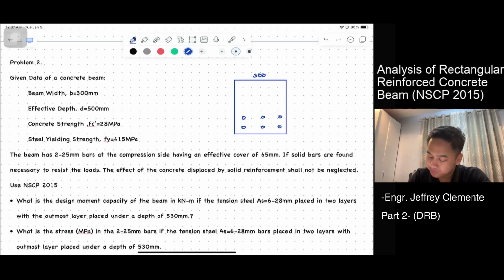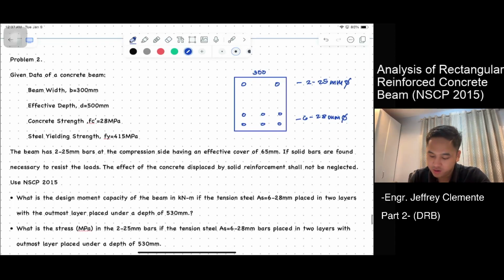So that is 6 28 mm bars. Tapos sa taas doon meron tayong dalawang 25 mm bars. Okay? So we have an effective depth of 500.